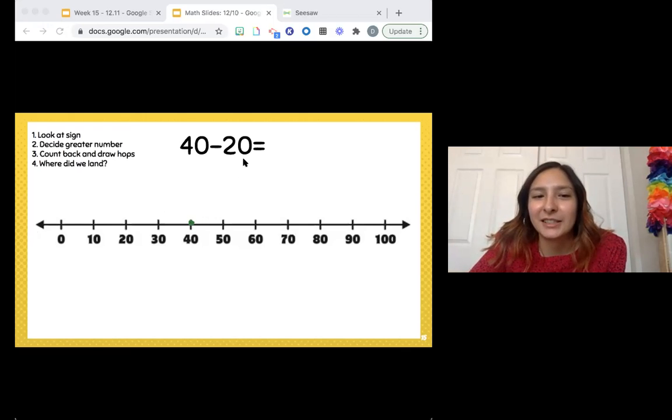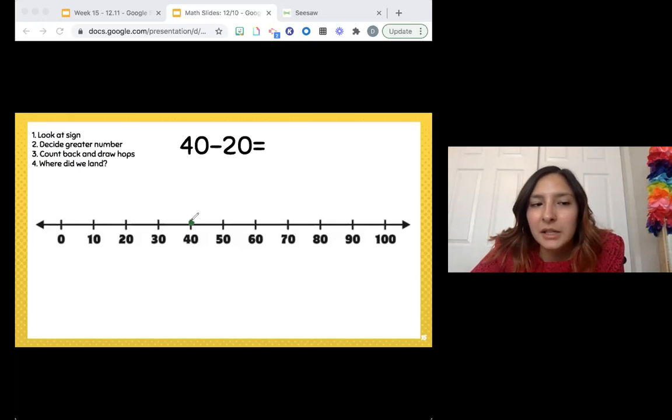Yeah, so that's what I mean by 20. Okay, 20 hops, thank you for explaining. So the 20 is the two groups of 10. Yes. Okay. And then whenever I saw that I landed on 20, it's like I thought it was 20.